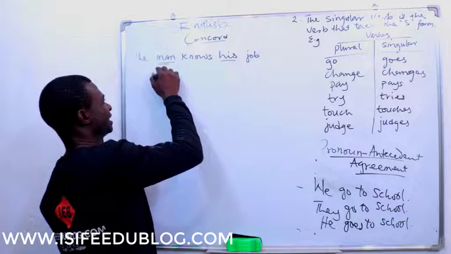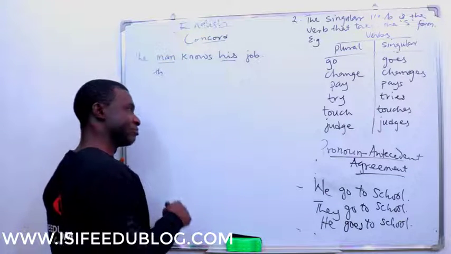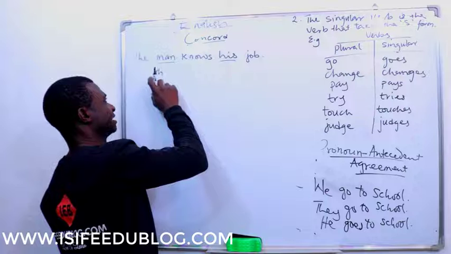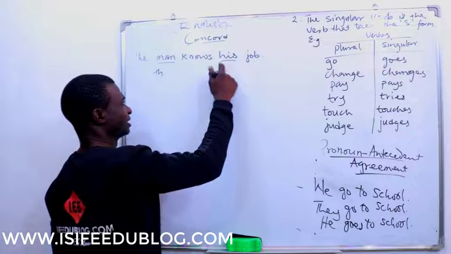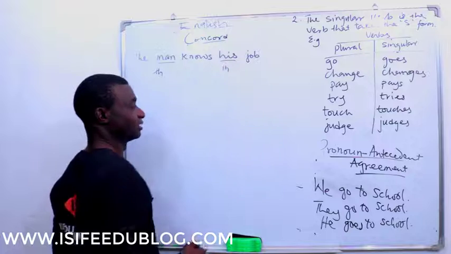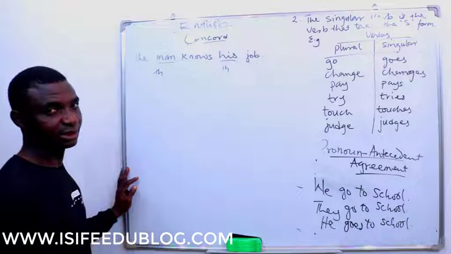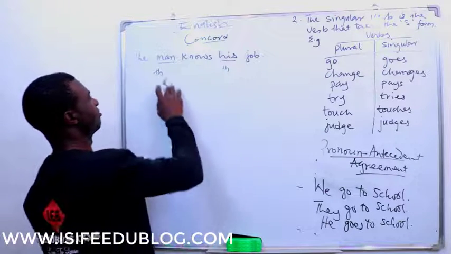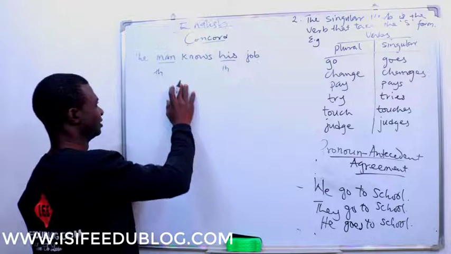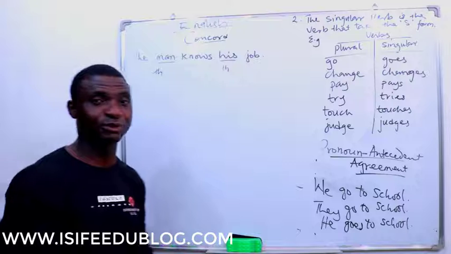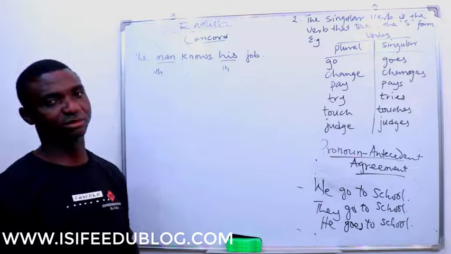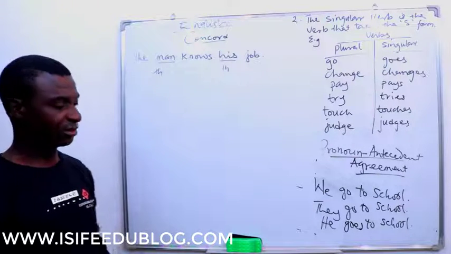Man is third person, because we said in terms of number and person. Man is third person. His is also third person. So there is agreement. Man is male. His is male. So there is also agreement in terms of gender. Alright?